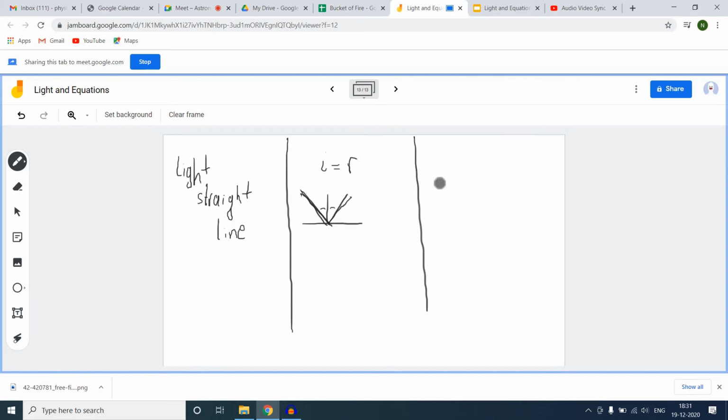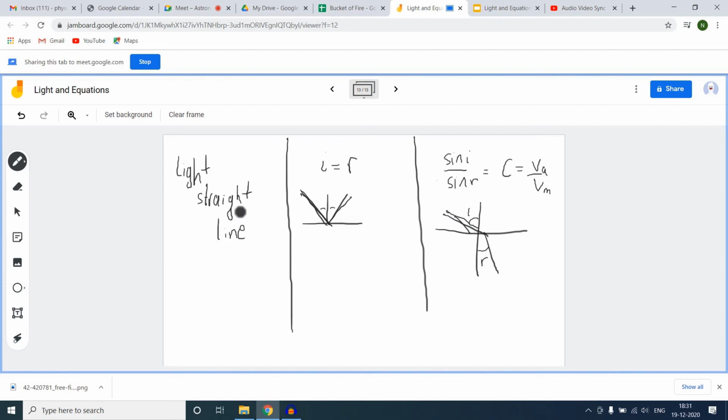And with refraction, we had sin i upon sin r is equal to constant, which is also equal to the velocity of light in air upon velocity of light in water or medium. And then we had normal, this is your i, this is your r, and all these three lie on the same plane, and angle of incidence and angle of refraction on opposite side of the normal.